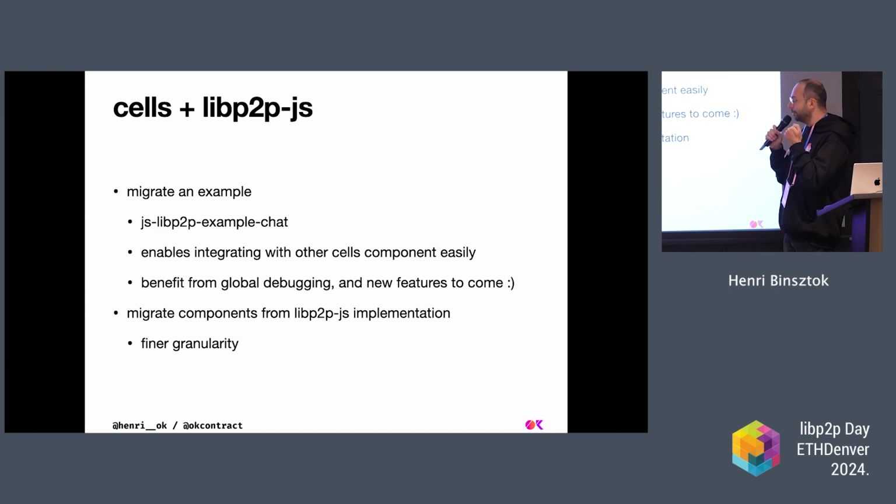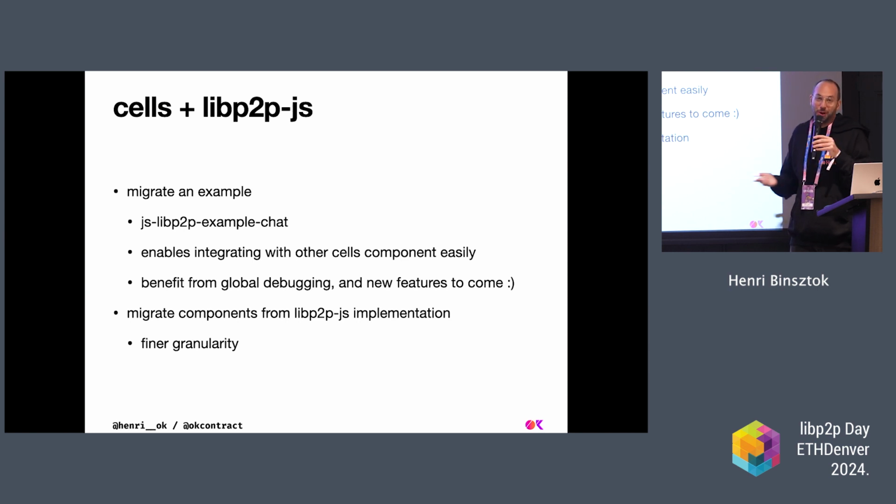But I would say what would be even cooler would be to use cells to implement the internals of libp2p.js directly. Because then we would have finer granularity and better reactions of everything, and basically the whole libp2p.js would be its own subgraph that we can attach to anything and have maybe optimal sub-reactions to things.